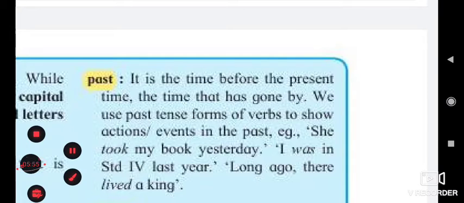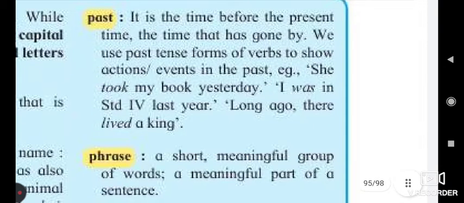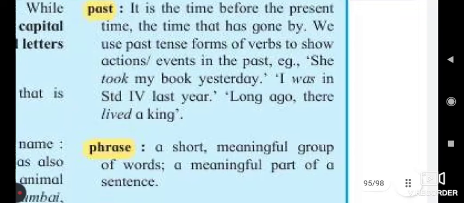That is, she took my book yesterday. I was in standard 6th last year. Long ago, there lived a king. Such sentences show us the tense of the word, that is past tense.